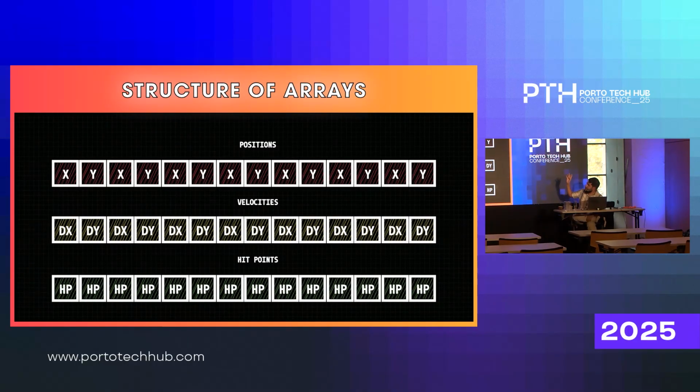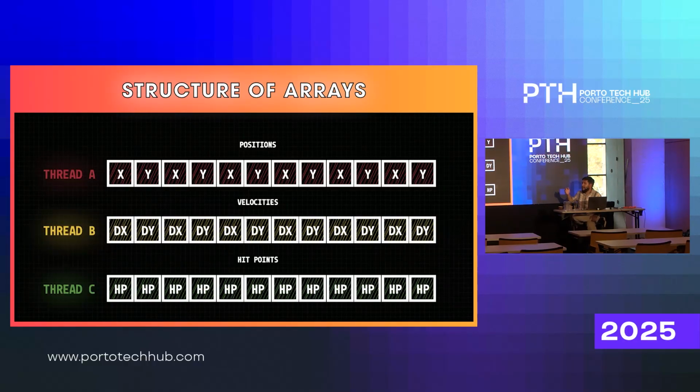So if we were to go from that to structures of arrays, we would have those 3 arrays where we have x and y, and x and y. And anything that is concerned about position will only have to care about that first array. The same thing for velocities, and the same thing for hit points. And that's why I meant that it can be even easier to parallelize, because you can literally be touching different parts of the memory in different threads.